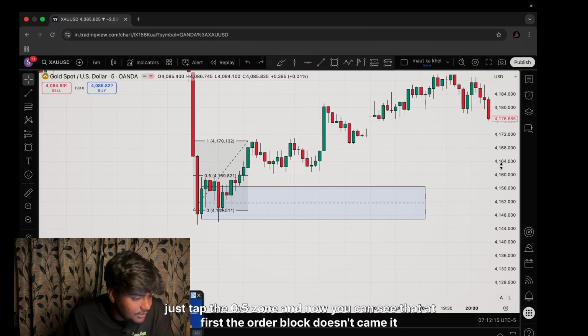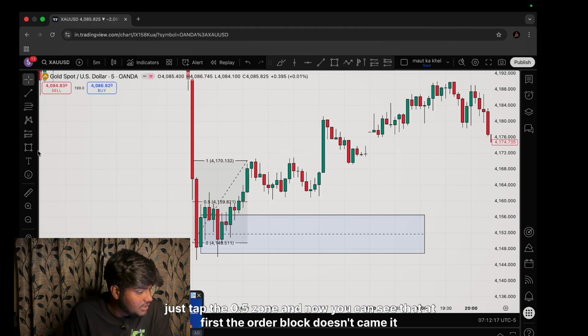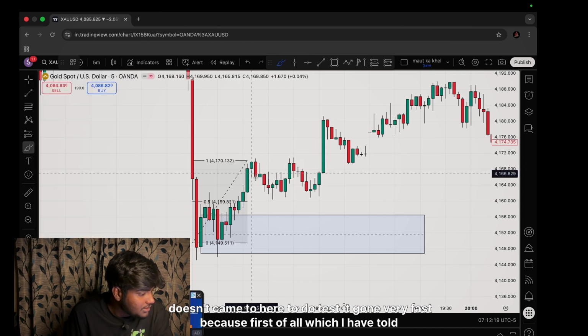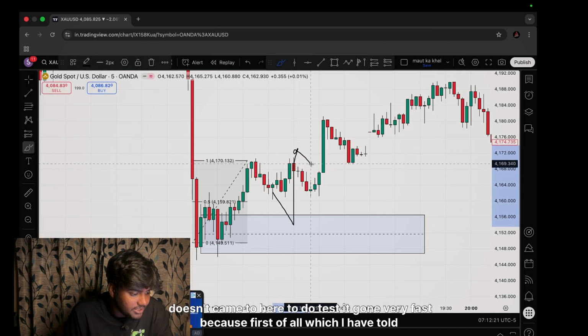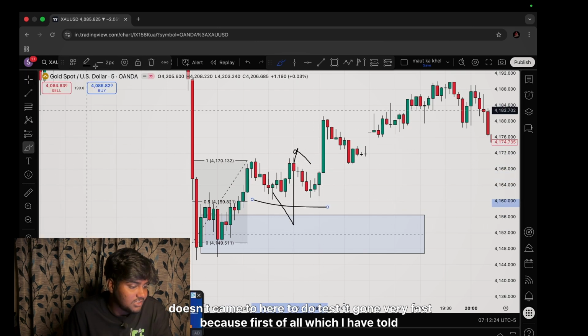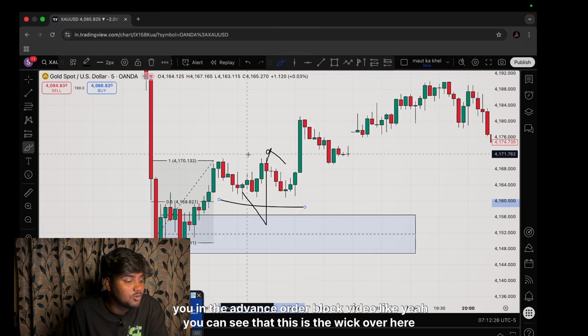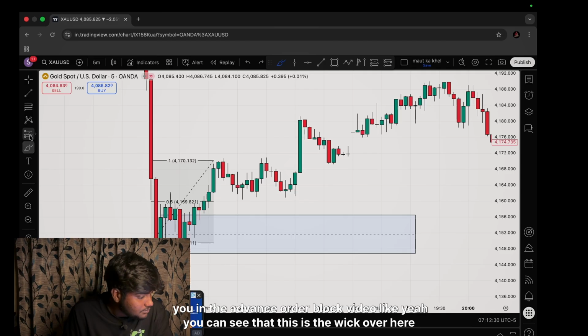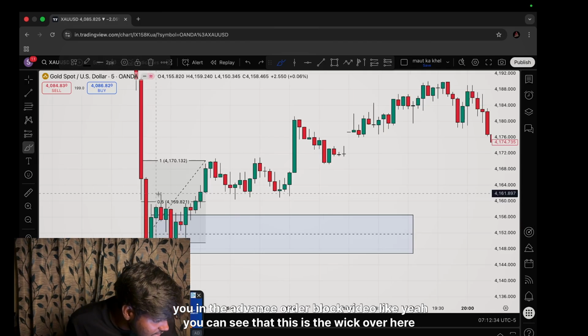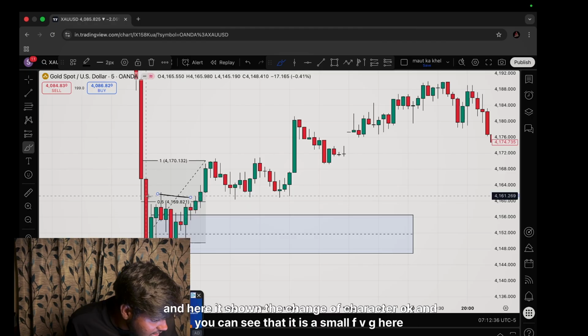And now you can see that at first the order block doesn't come here to retest. It went very fast, because of what I have told you in the advanced order block video. You can see that this is the wick over here, and here it has shown the change of character.